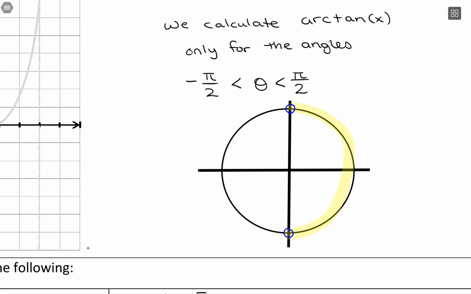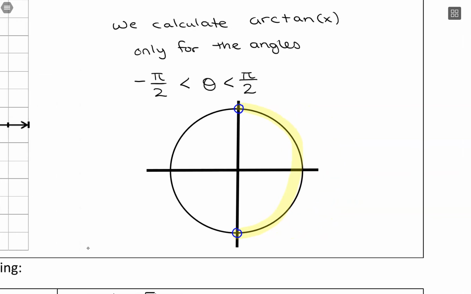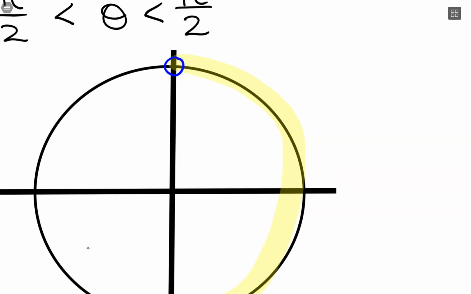Okay, so if we think in terms of some kind of key ratios, I'm just going to focus on our first quadrant here, because really it'll show up the same as in the other quadrants as well. It's just negative versus positive. So at pi over 6, my coordinate is root 3 over 2, 1/2.